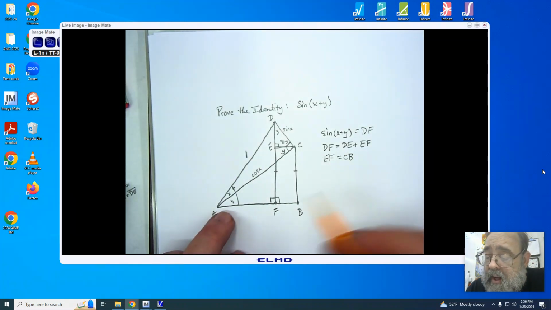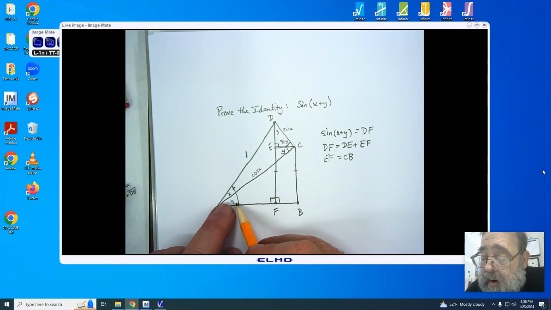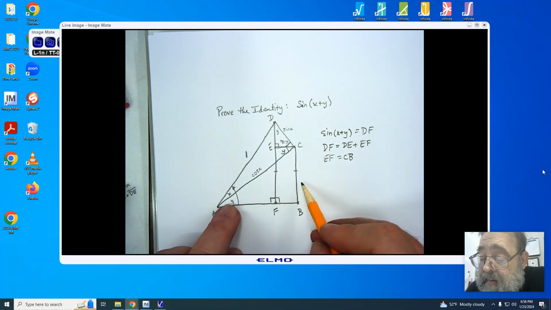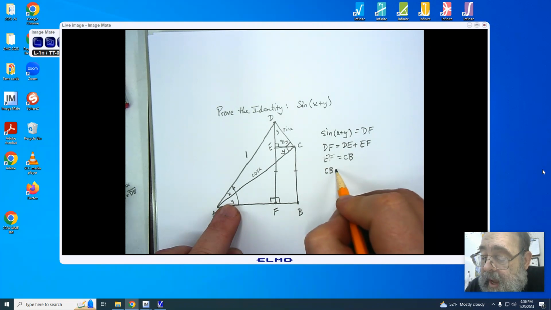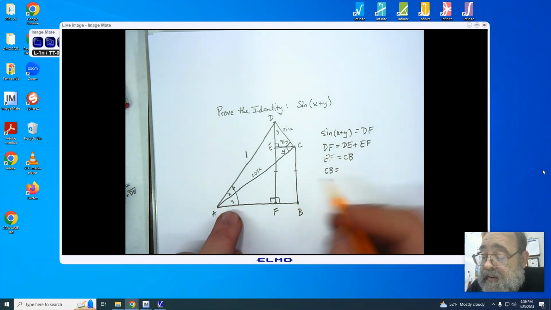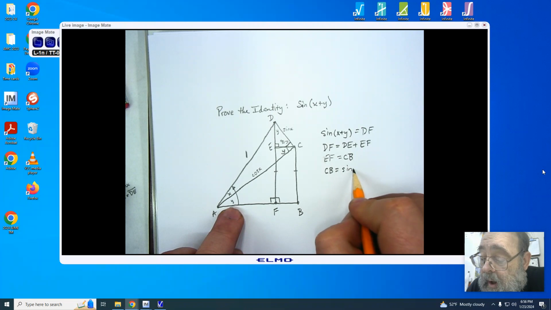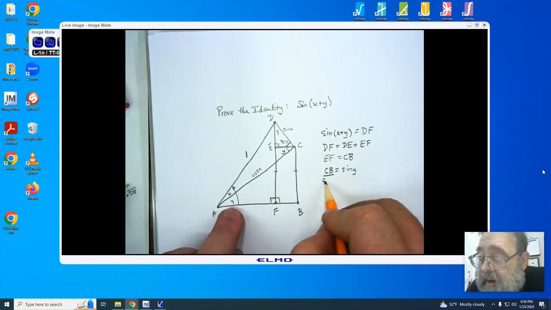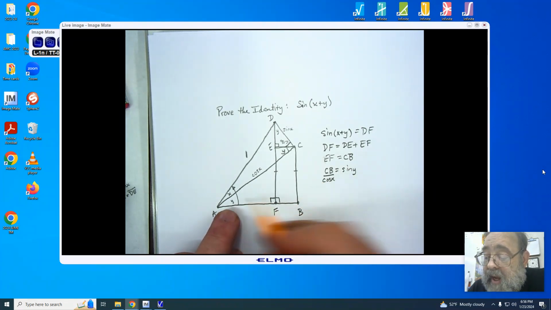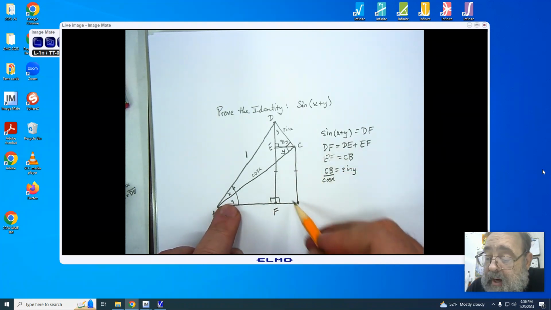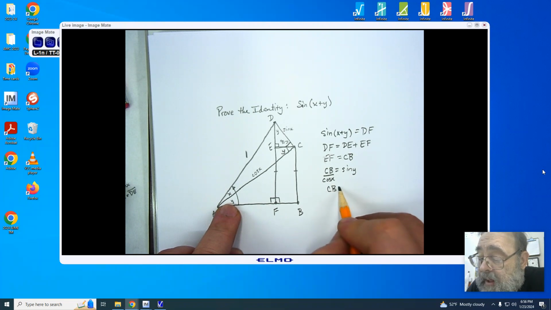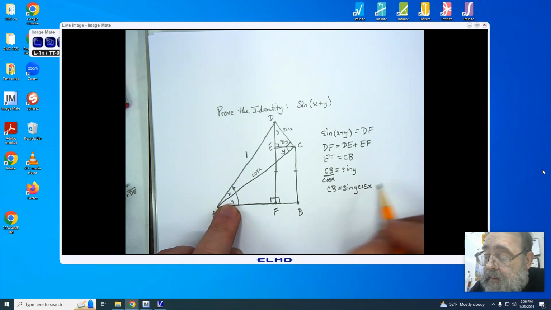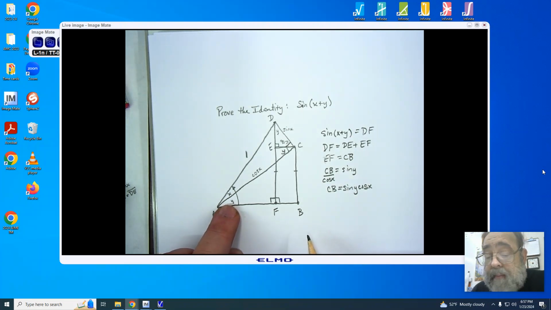But notice, from angle Y, my opposite side CB divided by the cosine of X has to be the sine of Y. See how the sine of Y is my opposite side over the hypotenuse? And therefore I can say that CB is the sine of Y times the cosine of X. What else can I say?